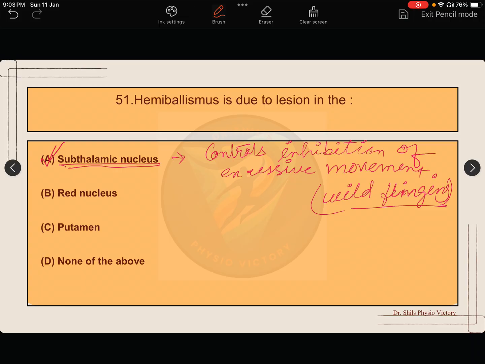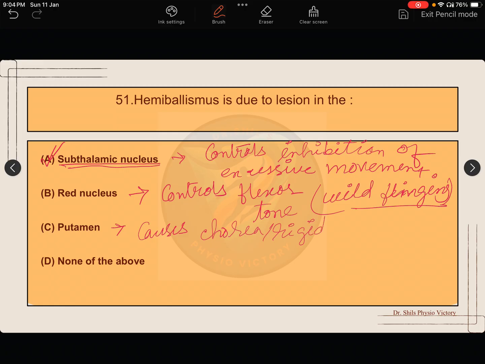Red nucleus basically controls flexor tone. Putamen lesion basically causes chorea, rigidity.